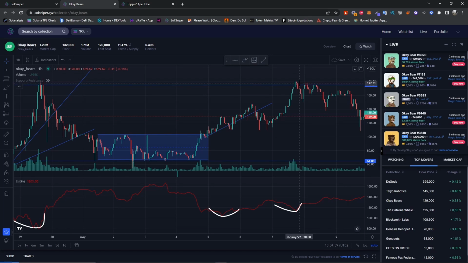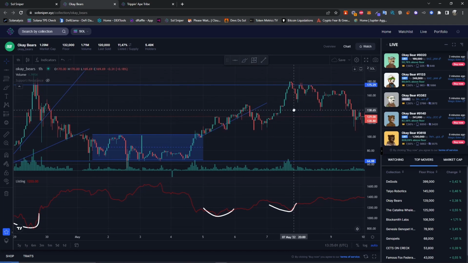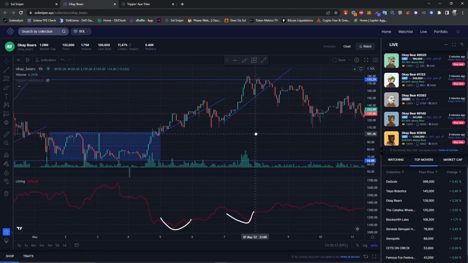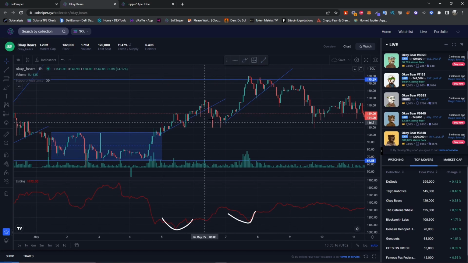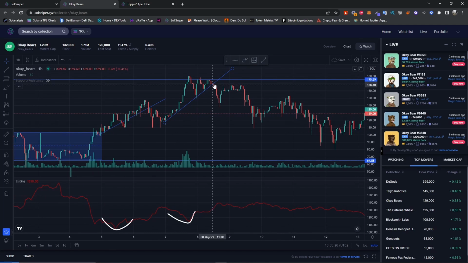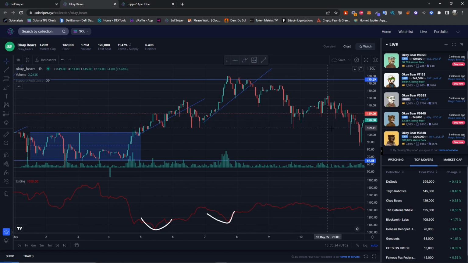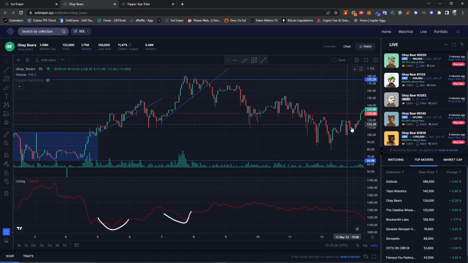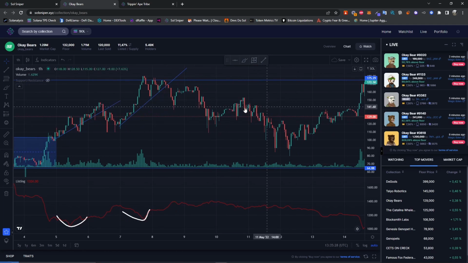Not really, but 1, 2, 3 times we tried, and this is actually a bad sign if it doesn't break after 3 times. Here identifying another uptrend, but it broke down again, right? It broke down here, so either it goes down or it goes sideways, right? Two things that it can do.